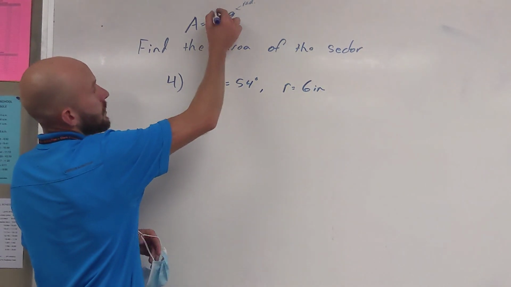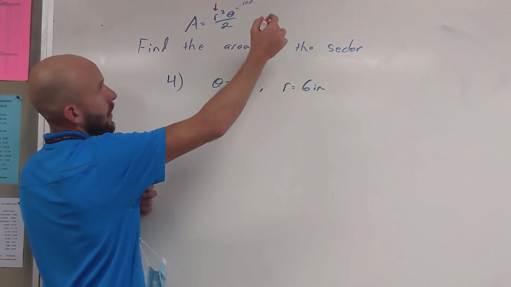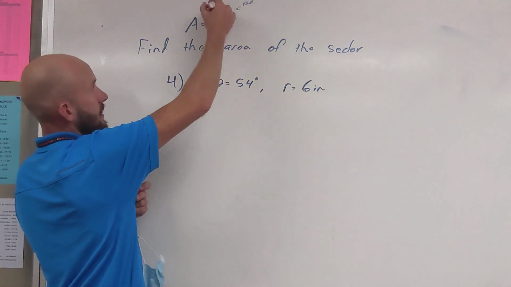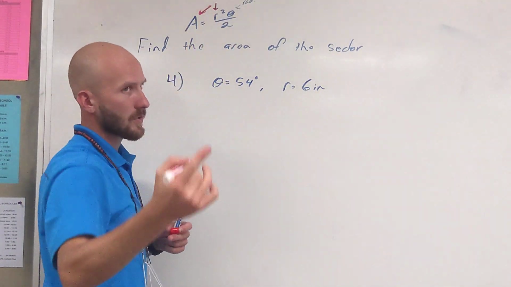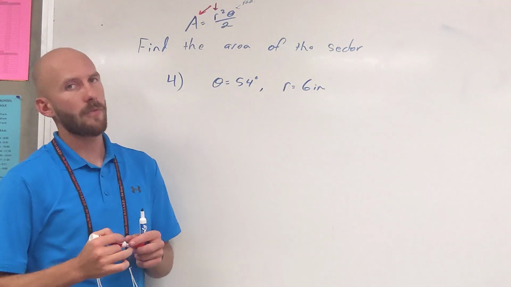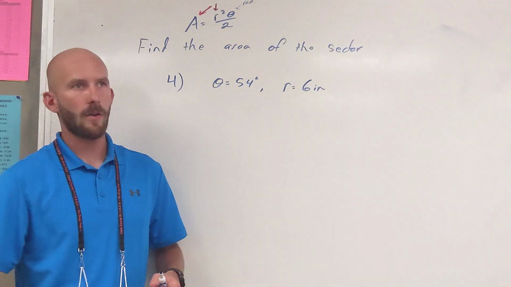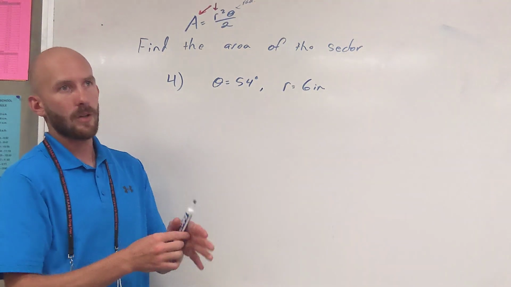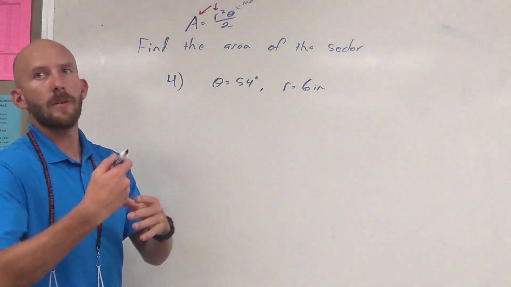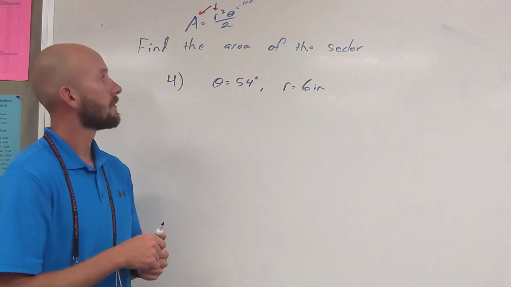And then for your units, if your radius is in inches, then the area is going to be in inches squared. If your radius was in feet, then your area would be in feet squared or square feet. So your units will still match, just the area will be squared.